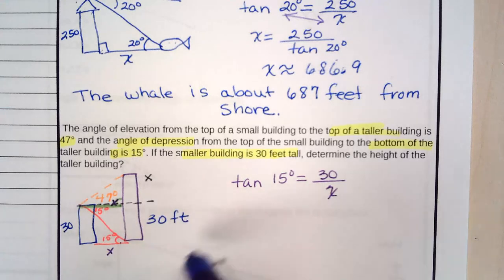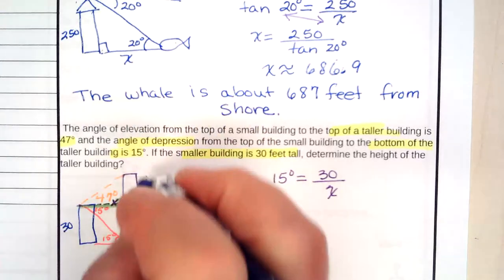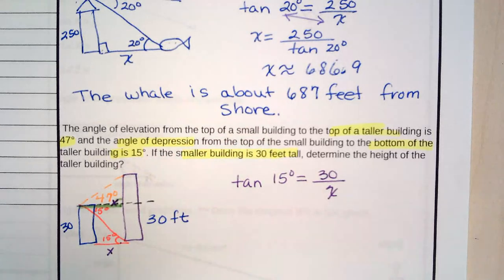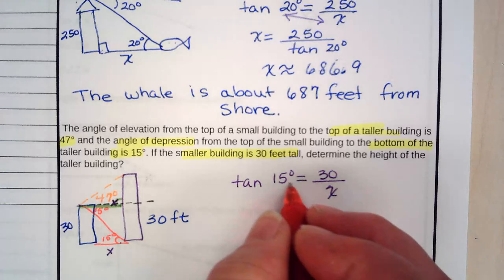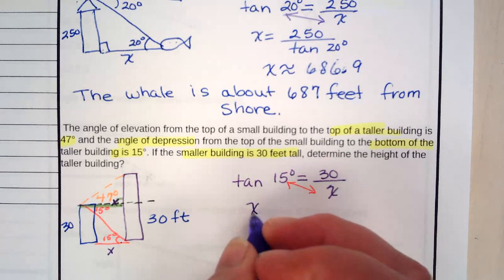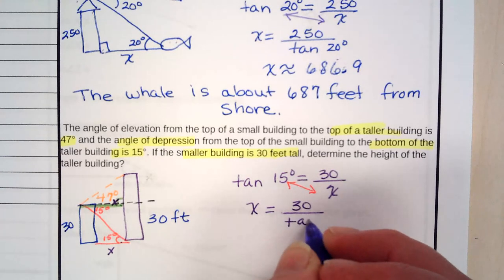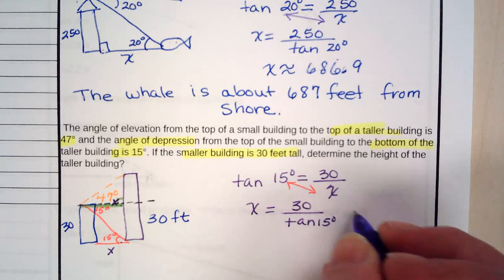I could call it y, because I already put x, but I'll just erase that x. Do your flip-flop. So x is equal to 30 divided by the tangent of 15 degrees.